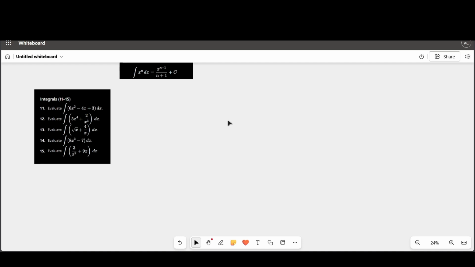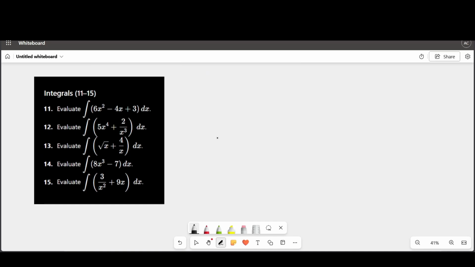So we have this, 5x to the 4th power. Let's integrate that using the power rule.